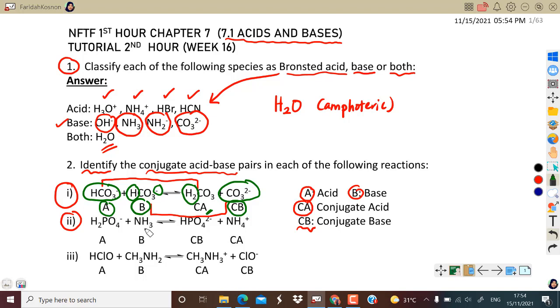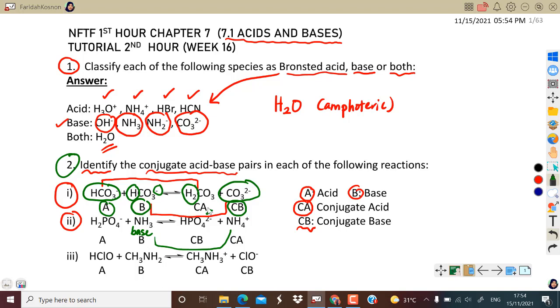Dan you sepatutnya sebagai pelajar memang kena tahu ammonia actually is a base. So in order to answer this question, you have to understand the Bronsted acid and Bronsted base definition. According to Bronsted theory, base is any substance that can accept a proton. So you can see here the conversion from ammonia to NH4 plus.